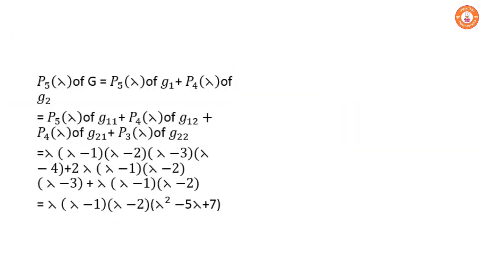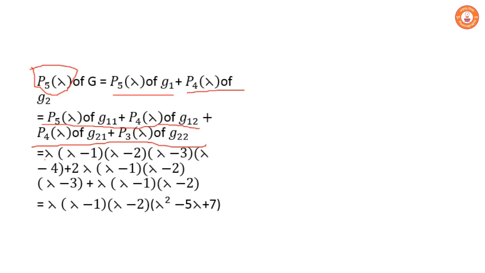Therefore, the chromatic polynomial of the 5 vertex graph, that is P5 lambda, is the chromatic polynomial of G1 plus that of G2. Subsequently, they will split up into two more sums, this one and this one, out of which the second and third expressions are the same, complete graphs on 4 vertices.